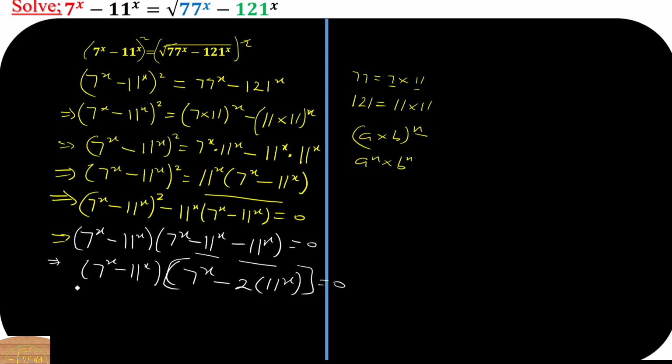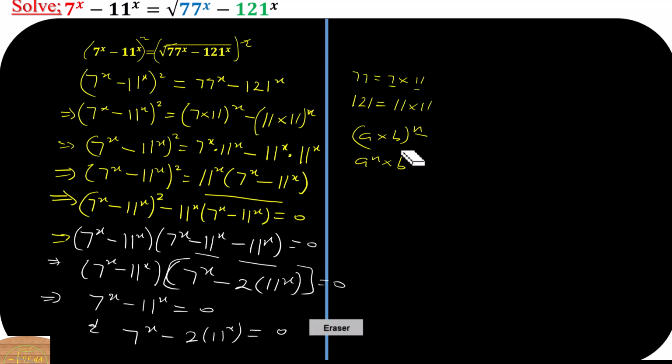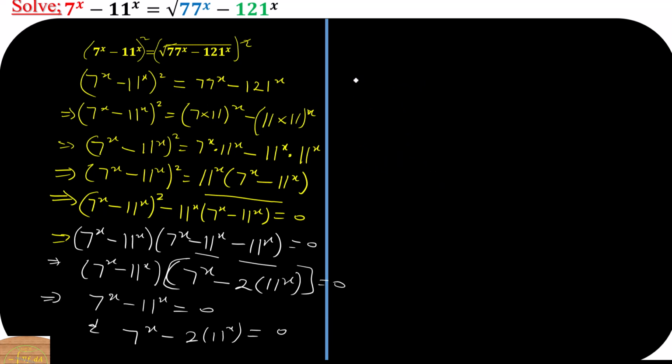So we can say that 7 raised to x minus 11 raised to x is equal to 0, and 7 raised to x minus 2 times 11 raised to x is equal to 0 as well. Let's look at them one by one. Now the first one: 7 raised to x minus 11 raised to x equal to 0.